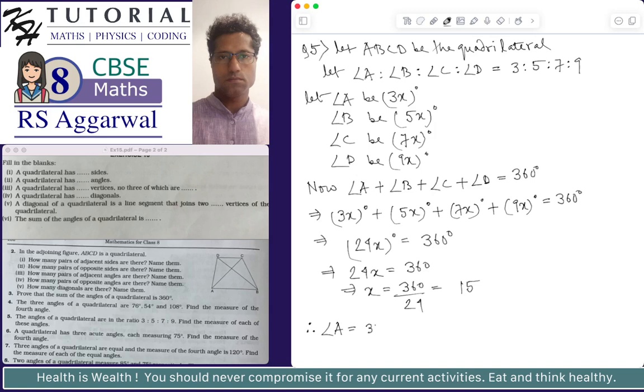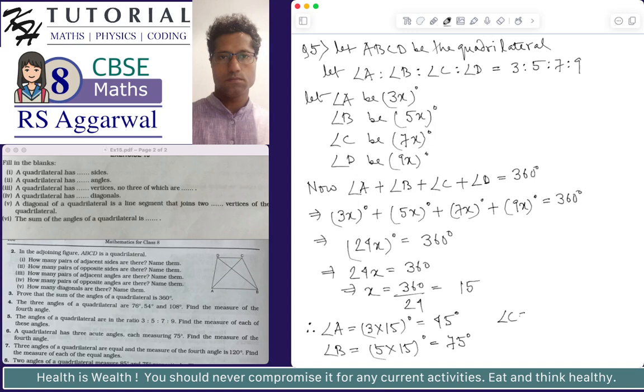So 3 into 15 degree is equal to 45 degree. Angle B is equal to 5x degree, so 5 into 15 degree is equal to 75 degree.